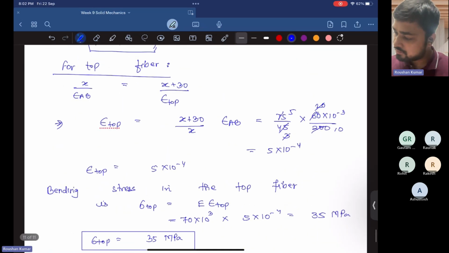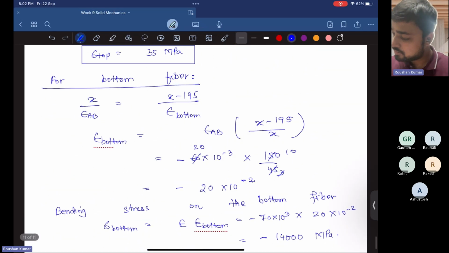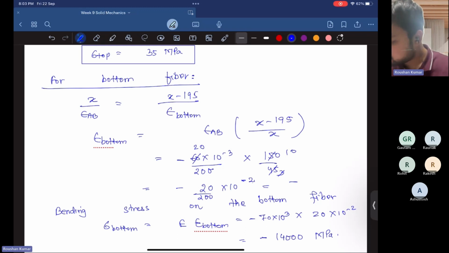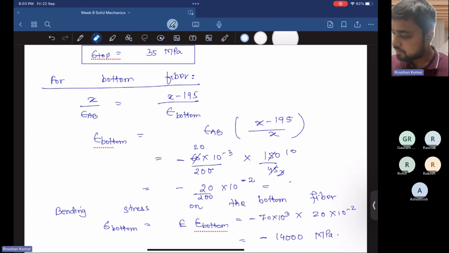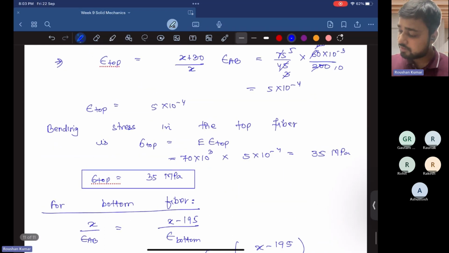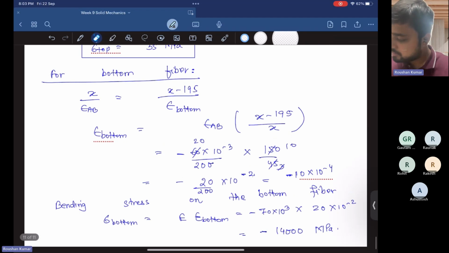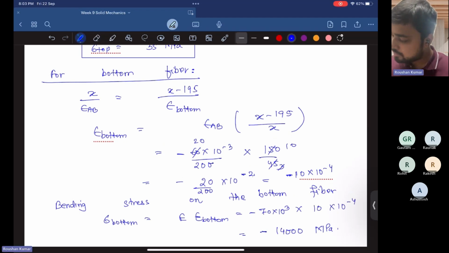I have made one mistake here. I have to divide by 200 also. Epsilon AB is 60 into 10 to the power minus 3 upon 200. So it's finally coming out to be minus 10 into 10 to the power minus 4.